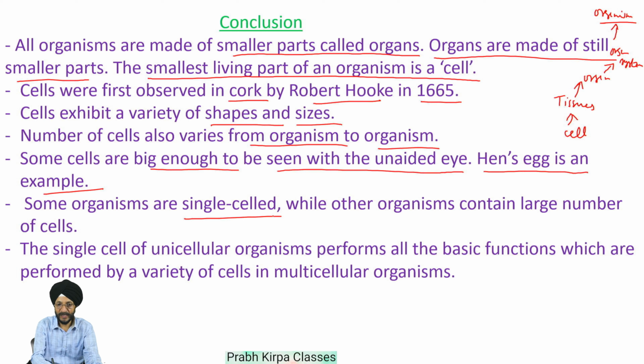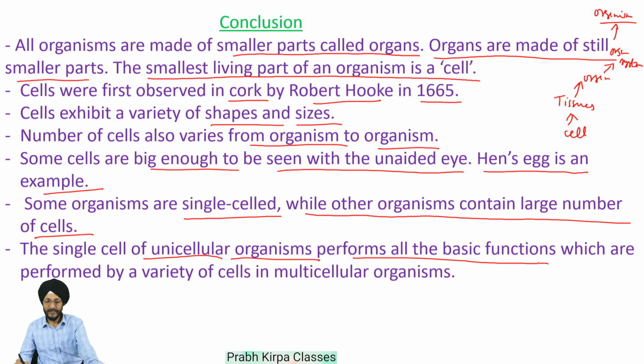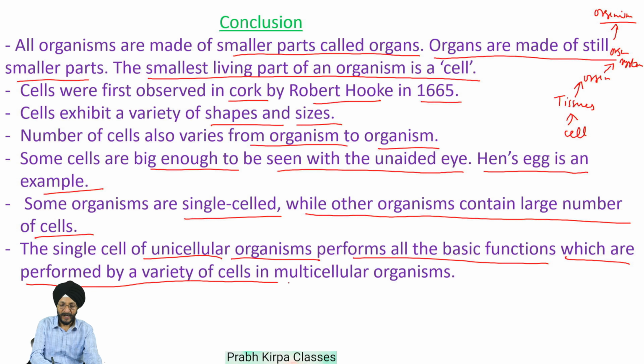Some organisms are single-celled, while other organisms contain large number of cells. Single cell in the case of unicellular organism performs all the basic functions like eating, moving, reproduction, etc. Whereas in the case of multicellular organisms, all these functions are performed by a variety of cells.